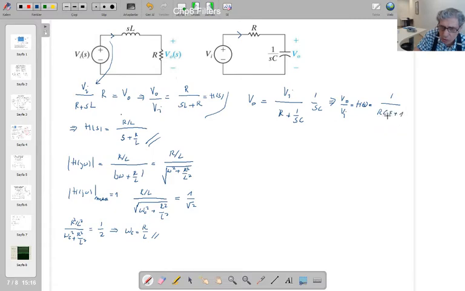If you put RC in parentheses, then H(S) becomes 1 over RC over S plus 1 over RC. So this is very similar to the previous one, isn't it? If you do the same procedure here, you end up with a cutoff frequency equal to 1 over RC.